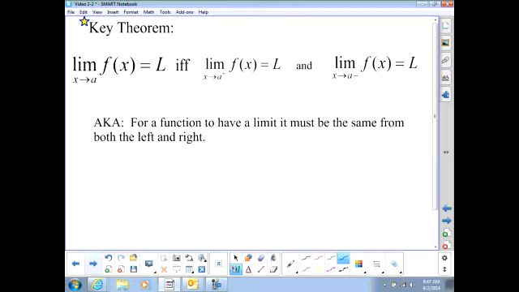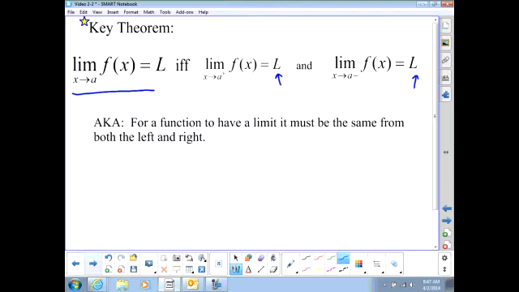Now an important theorem is the one I just mentioned on the previous slide. In order for an overall limit to exist, so here we have the whole limit coming from both sides, it must be true that the left-hand and right-hand limits are approaching the same number. We saw in the previous video the Heaviside function.